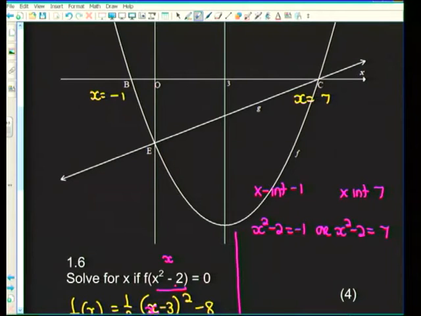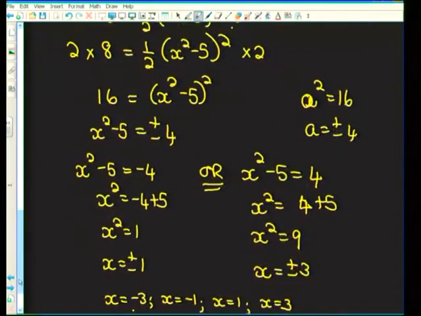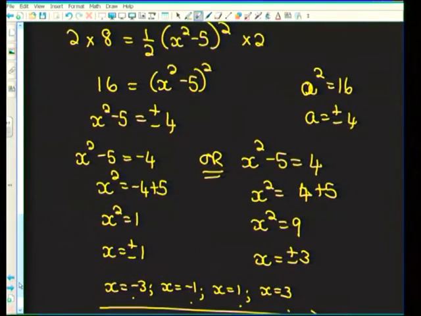This little x here was that, but we want x squared minus 2. So now x squared equals 1, x is plus or minus 1. Over here, x squared equals 9, and therefore x is plus or minus 3. So using this method cuts us down to this part only.